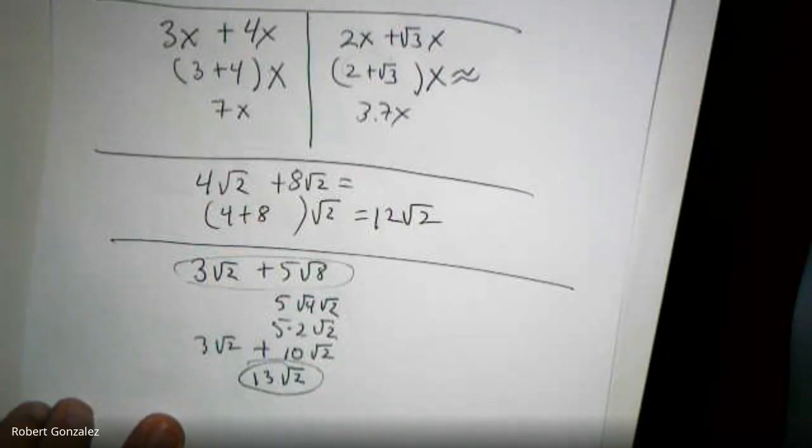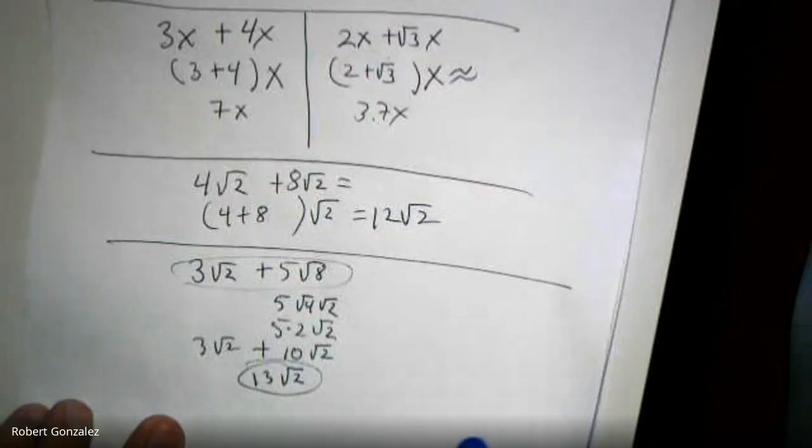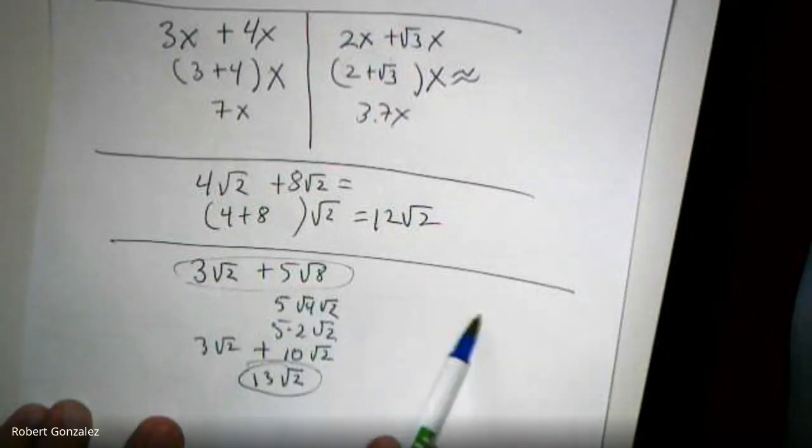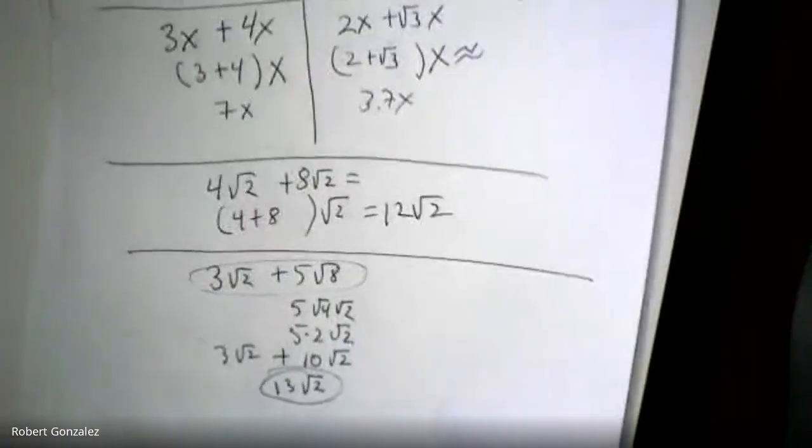Okay? Subtracting radicals is the same process. Now, if you have several terms here, you've got to figure out which ones, after simplifying, which ones go together and which ones don't.